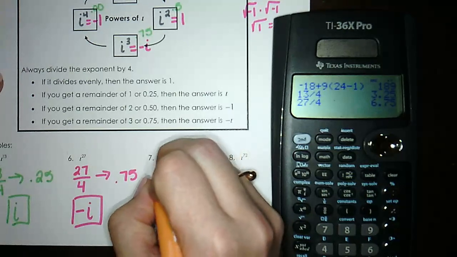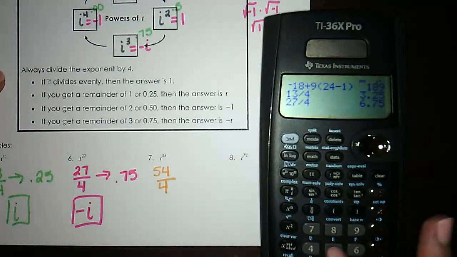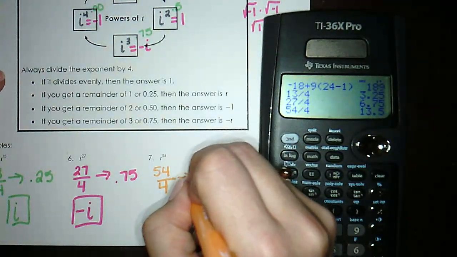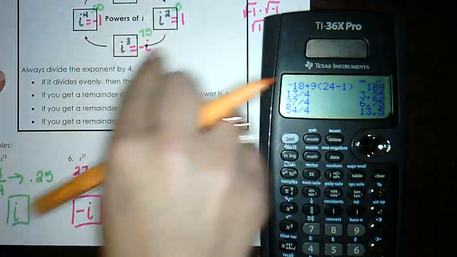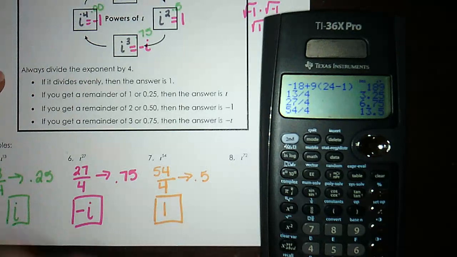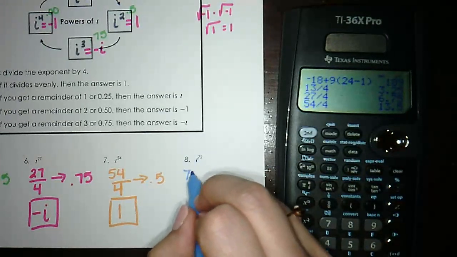For 54, divide by 4. Again, my decimal here is 0.5, so I know it's 1. We'll look at the last one together. 72 divided by 4.